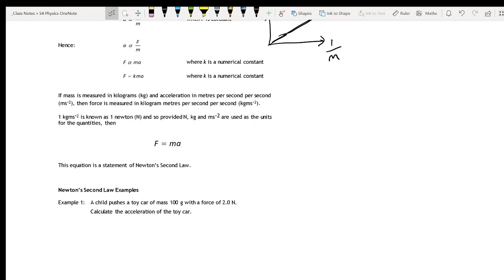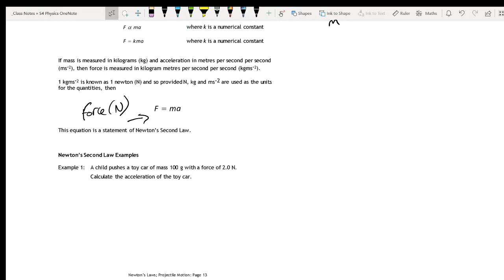Force is mass times acceleration, where force is in newtons, mass is in kilograms, and acceleration is in meters per second squared, so ms to the minus 2.